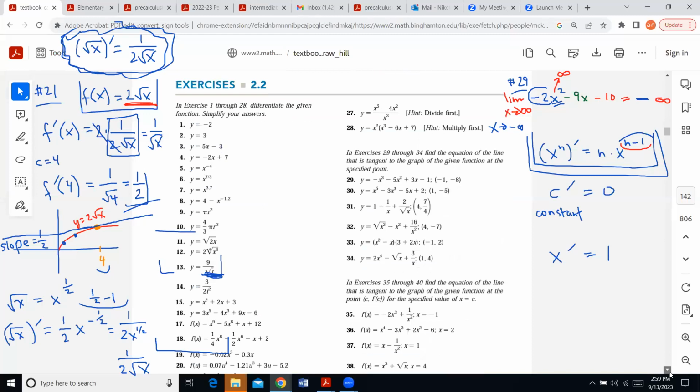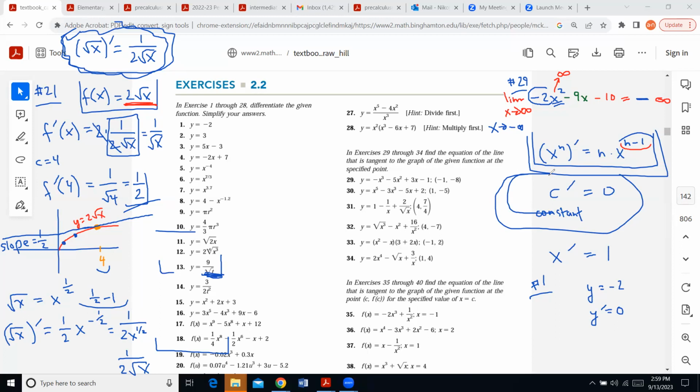Differentiate the given function. So let's start with exercise number 1. So now I'm at section 2.2. It says a function is a constant. What will be the derivative of that function? Well, the property of derivative says that if it's a constant, then its derivative is 0. It's not surprising, just like we already saw before.